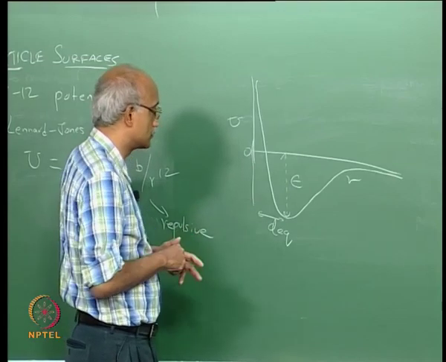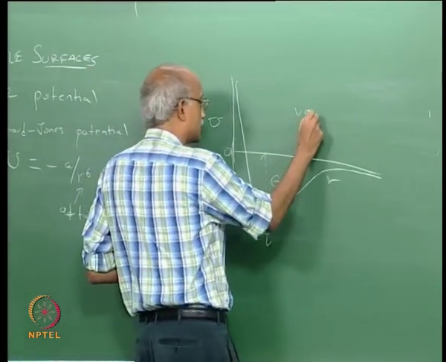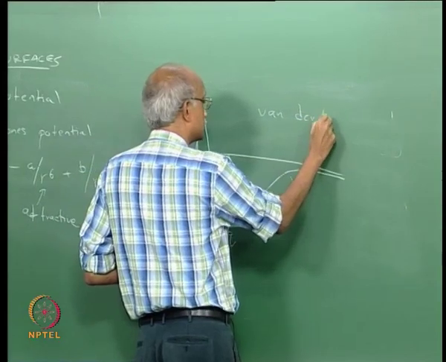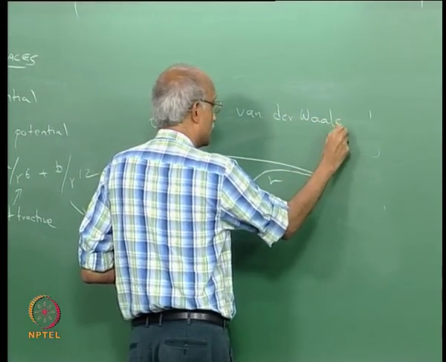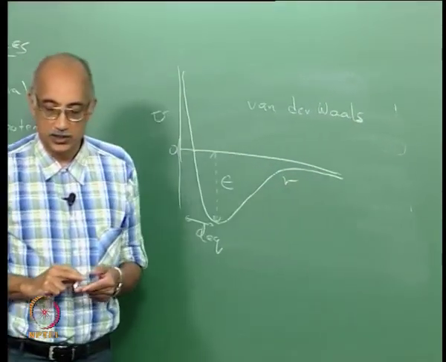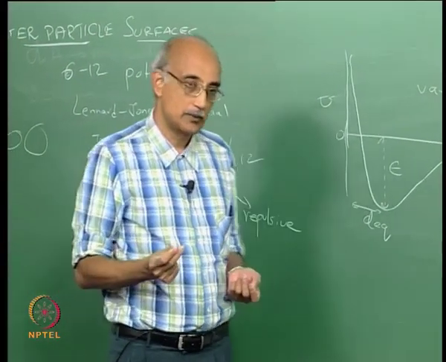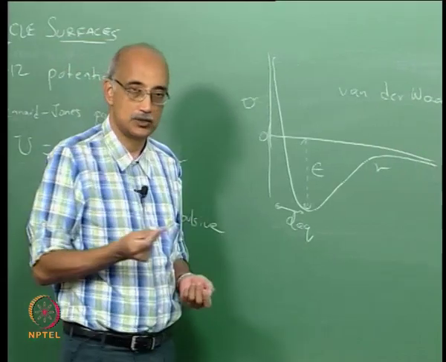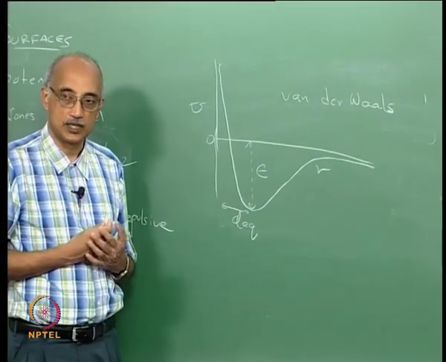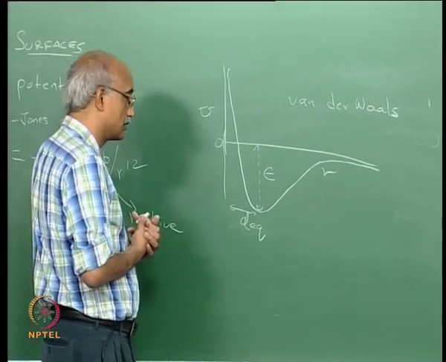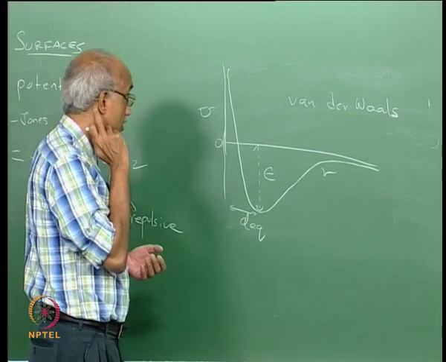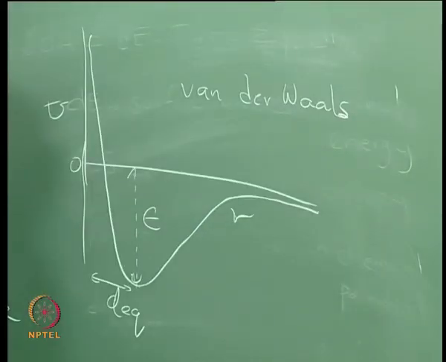So these are also known as van der Waals forces of interaction. Although van der Waals is a term that's more commonly associated with atoms and molecules, it applies equally well to particle pairs as well. And the surface energy is again involved in how these forces actually operate.